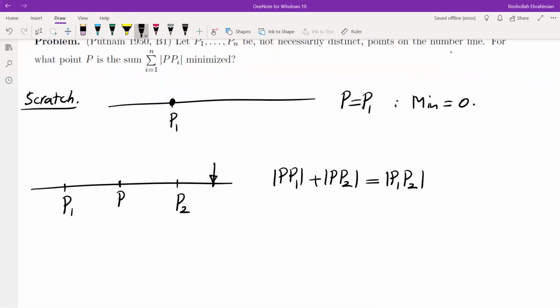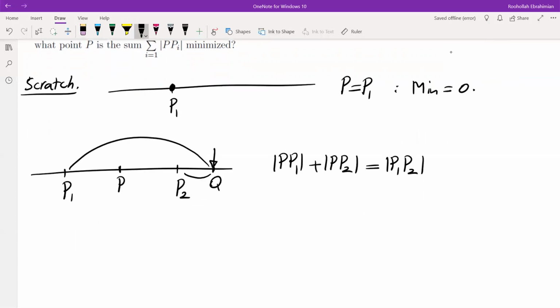So if you have a point Q here, this distance plus that distance would be larger than the distance from P1 to P2. So the minimum is in fact the distance between P1 and P2.